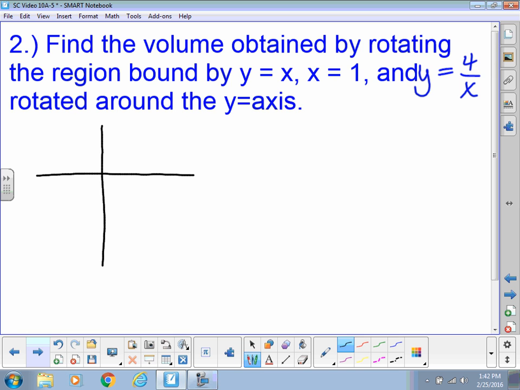Let's start with y equals 4 over x. At 1, we get back 4. At 2, we get back 2 when we sub it in. And then at 4, we'll get back 1. So our graph is going to look something like that. Y equals x, you're just going up 1 over 1 each time.